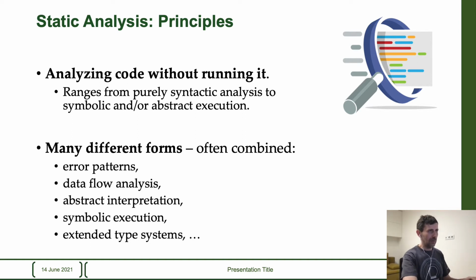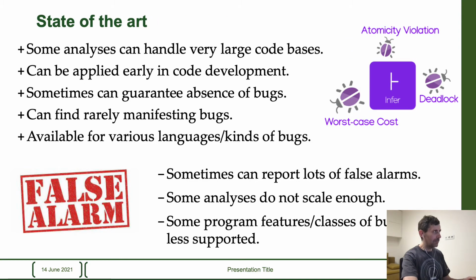Clearly, I don't have the time to go into details here. Let me get back once more to the advantages of static analysis, which I have already mentioned, and then mention also the dark side. As I have said, static analysis can, or at least some analysis can handle very large code bases, meaning millions or even billions of lines of code.